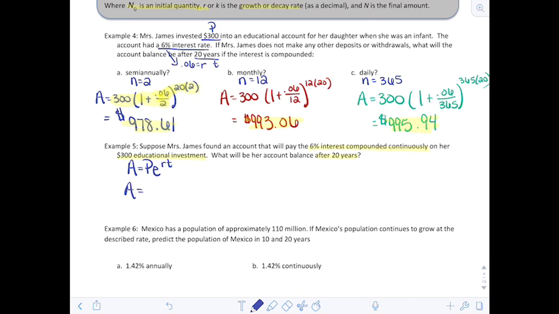So the amount is equal to 300 initially, e raised to the rt, which is 0.06 times 20. When you go to your calculator and plug that in, you should get $996.04. Not much difference, but it is slightly better, by less than $1, than the daily.